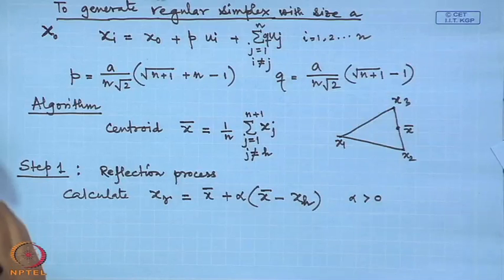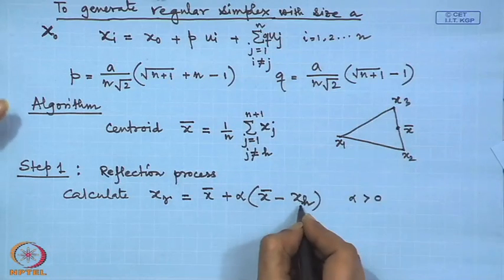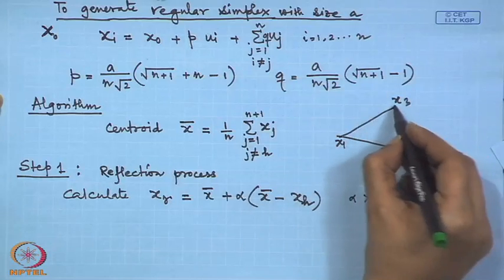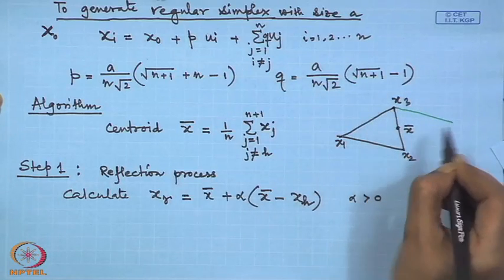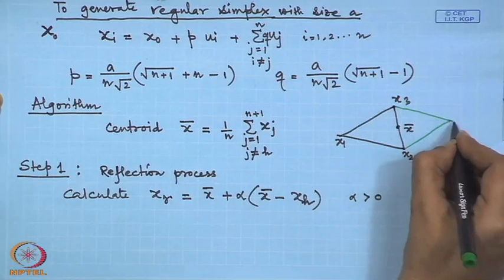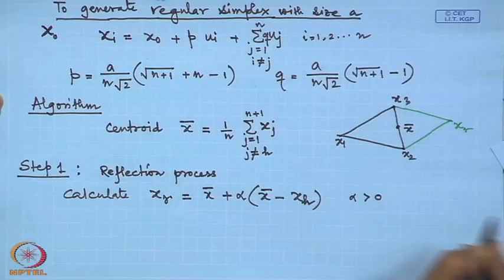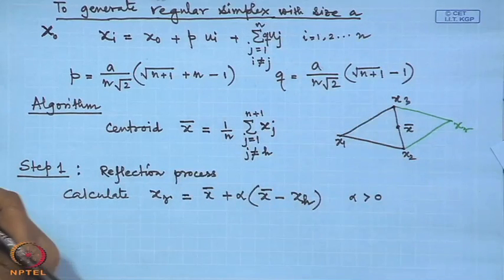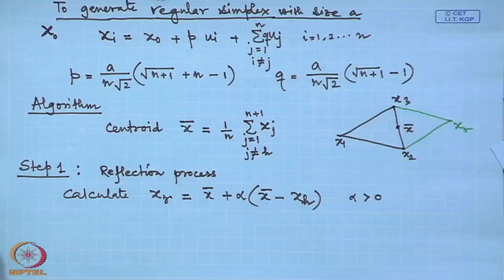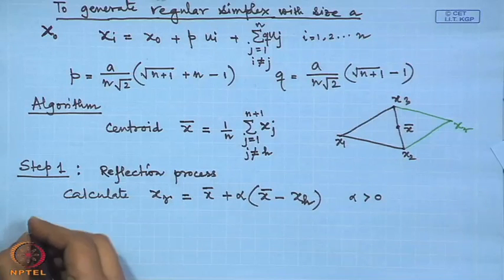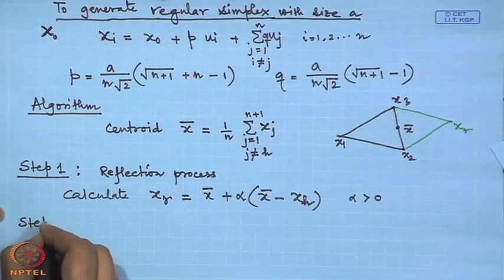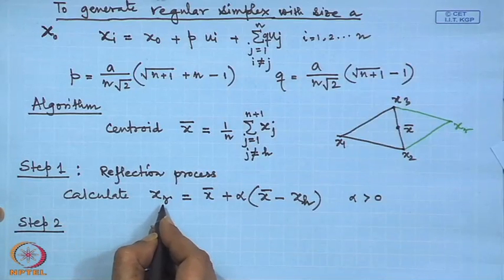If I do it graphically, here xh is equal to x1 as we have considered, then we will generate another point here as xr. That is what we get through the reflection process. After that, we will see what the functional value is at xr.